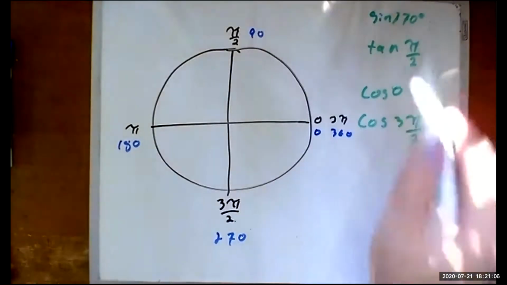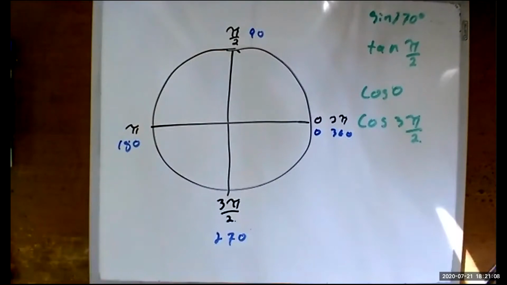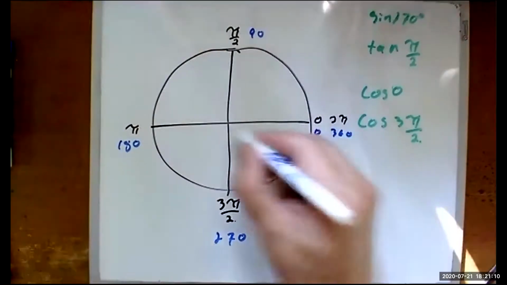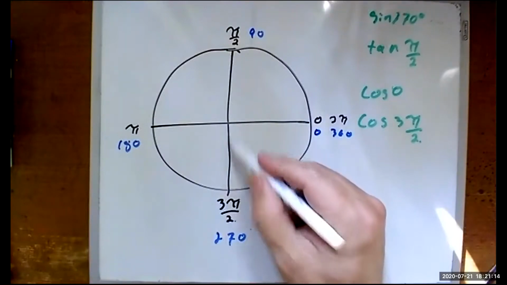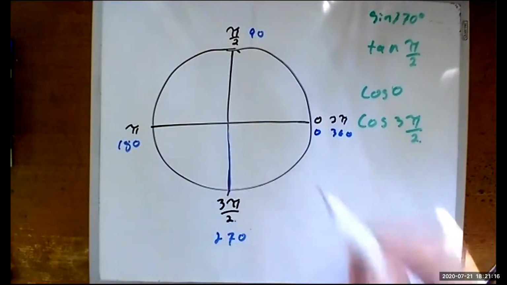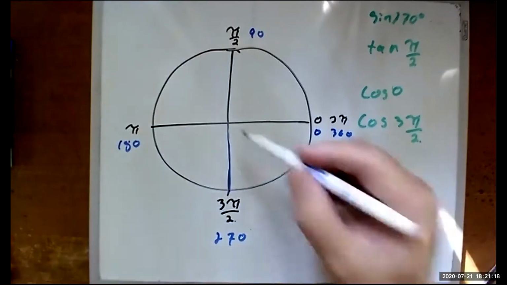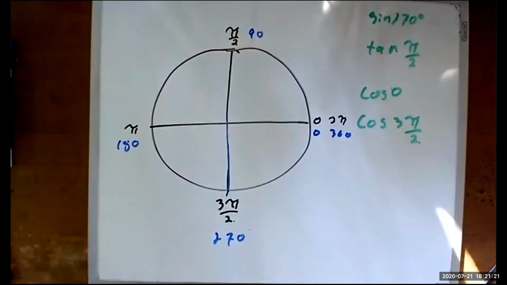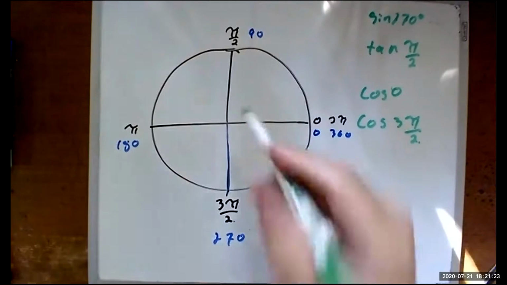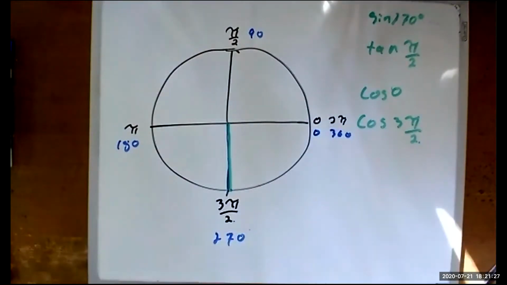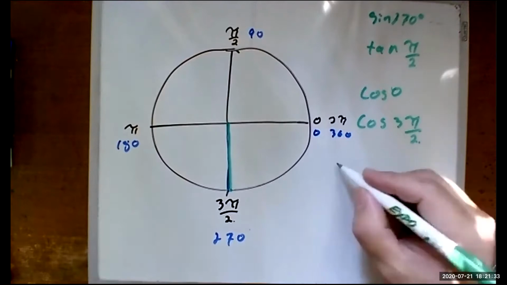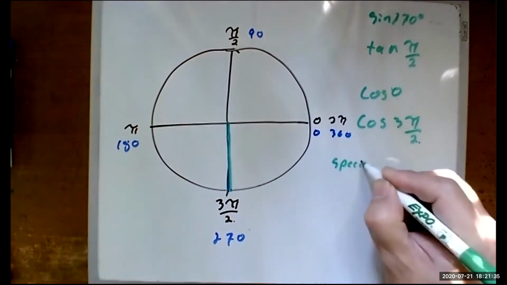Okay, so when it's asking for the sine of 270, what we're looking at is right there, the angle that's formed. In order to work with special triangles, we're always working in reference angles.